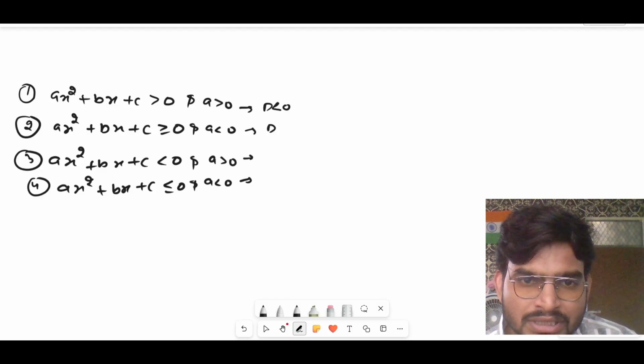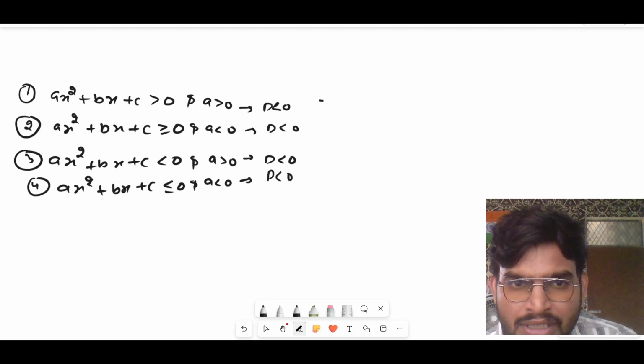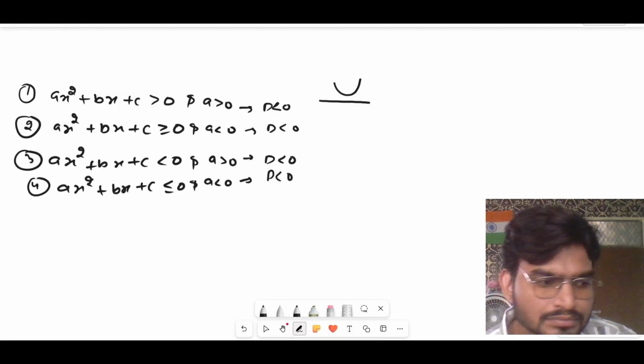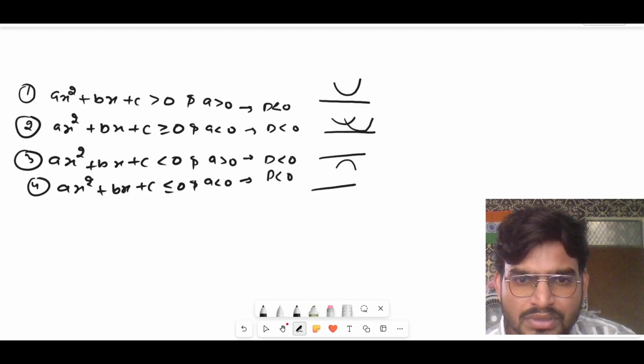It can also be 0, so D is negative here, and here also D is negative because it is always negative. Okay, so the graph will look like this. Equal to means this type, negative means this type, and this type.